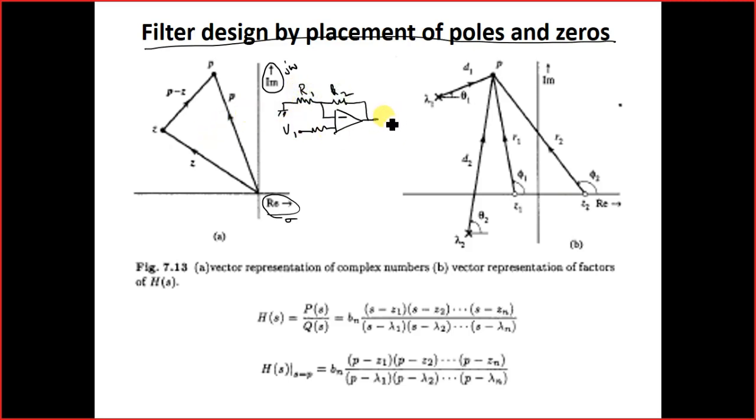So what is the output over here? Output is V0 equals 1 plus R2 by R1 into V1. Okay.